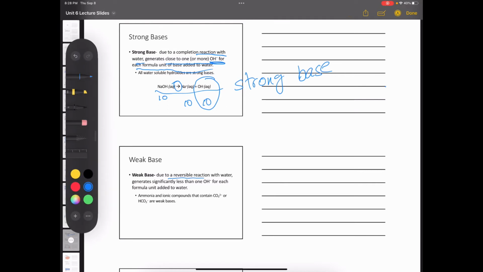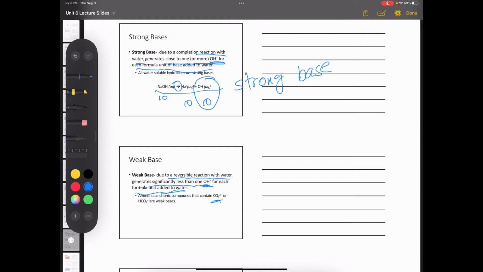Due to the reversible reaction with water, it generates significantly less than 1 OH for each formula unit when added to water. So if you add carbonate, for example, to water, the number of hydroxide ions formed is very small and very minimal. It barely changes the color of the litmus paper.